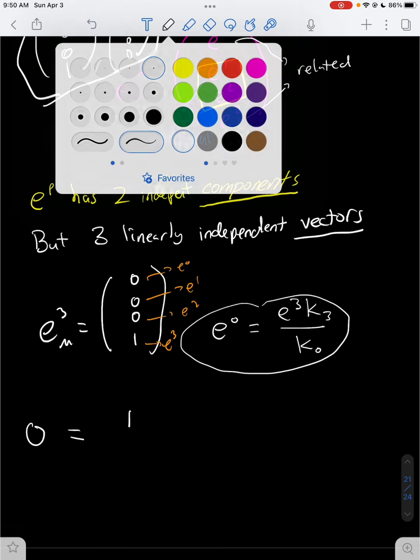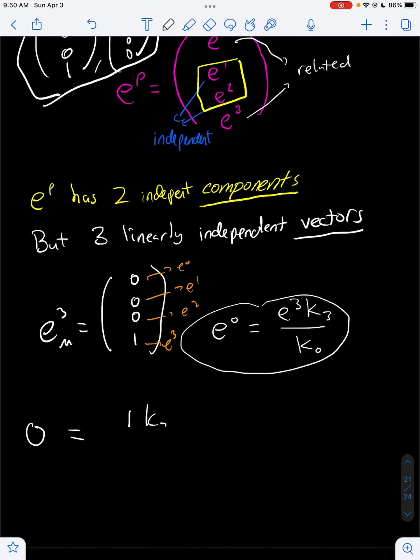So E3 is 1, and we have K3 over K0. K3 and K0 are going to be non-zero, at least we are making them non-zero, since remember that K is K0, 0, 0, K3. These should actually be upstairs indices, really.